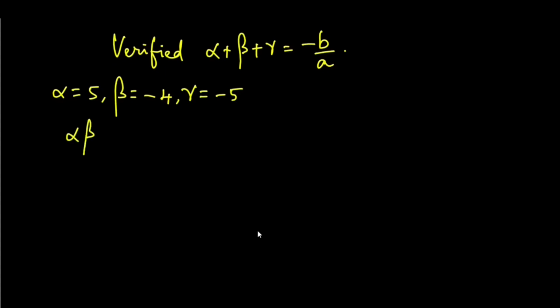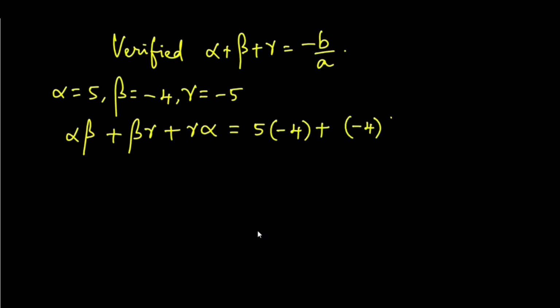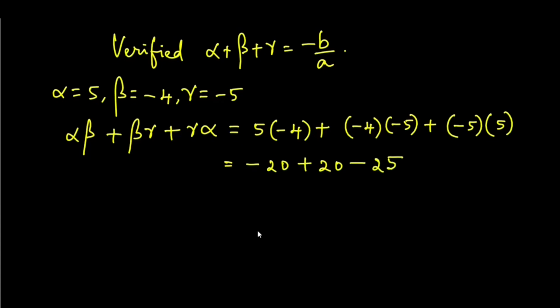Alpha beta plus beta gamma plus gamma alpha is equal to 5 into minus 4 plus minus 4 into minus 5 plus minus 5 into 5. This is minus 20 plus 20 minus 25. This is equal to minus 25.